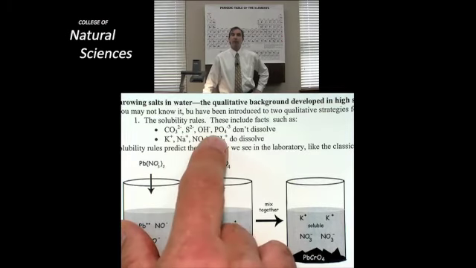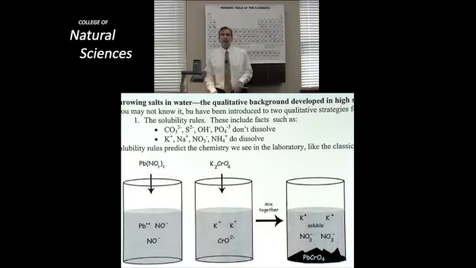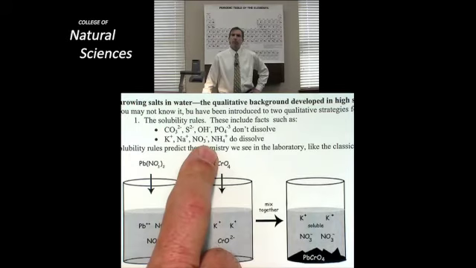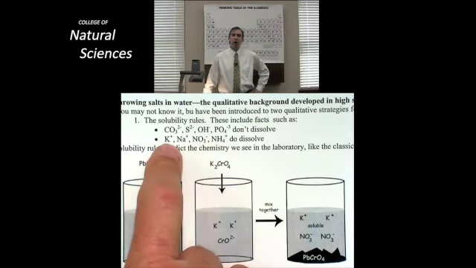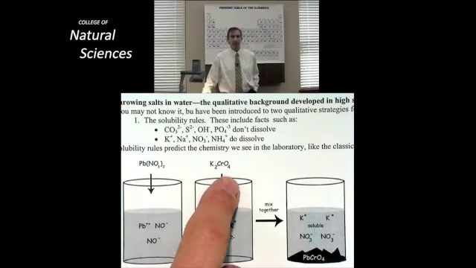In fact, that's what made stuff rocks. On the other hand, I learned solubility rules like this, that the alkali metal ions like potassium ion and sodium ion, nitrate ion, for example, ammonium ion, these always did dissolve in water. So I had these two categories, the stuff that dissolved in water, the stuff that didn't dissolve in water. So I could use those to predict different kinds of chemistry.